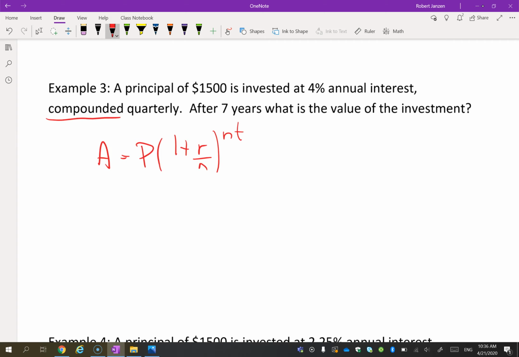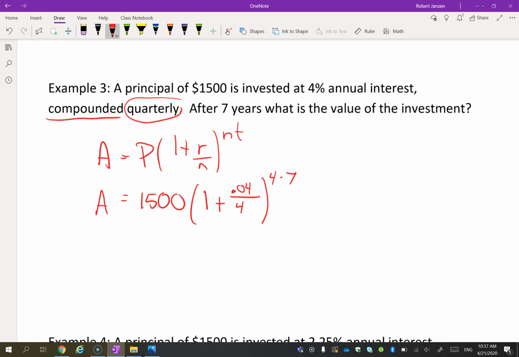The principal, 1,500, goes for P, invested at 4% annual interest. The interest rate is 4%, but don't put 4. You're always going to put it as a decimal. Then it says compounded quarterly. Quarterly means 4 times a year, so N is 4. For how many years?